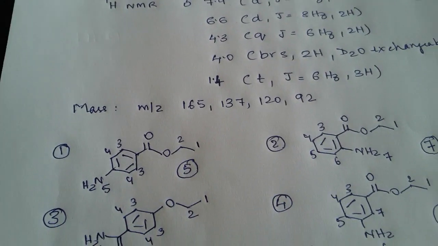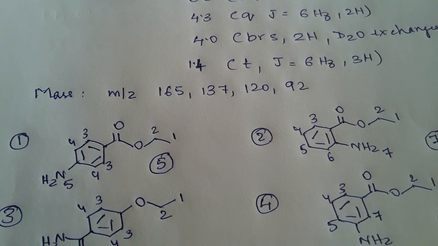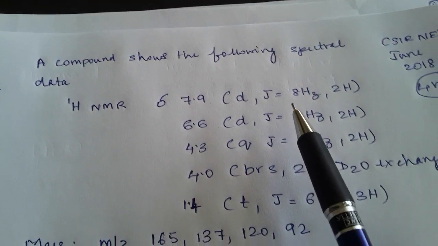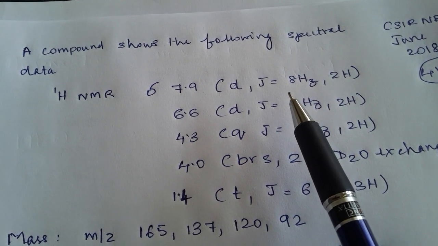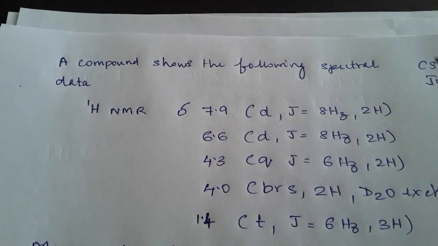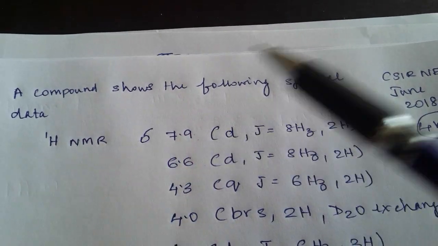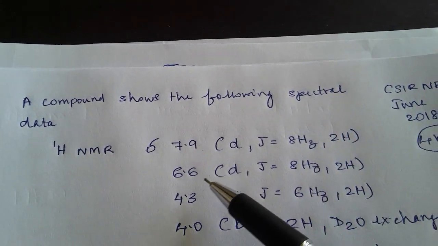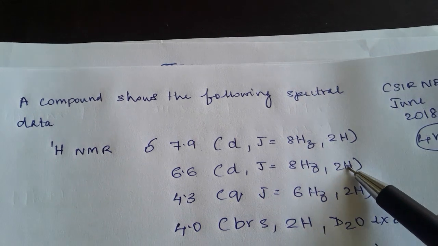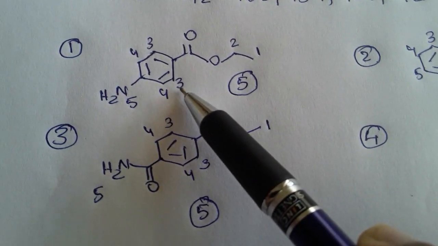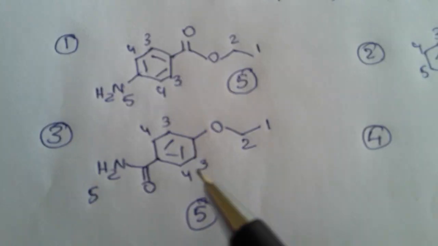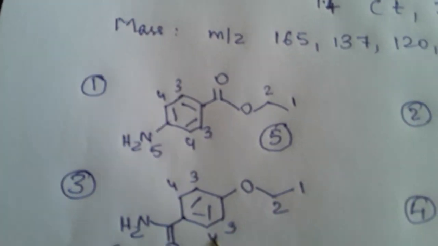Without even looking at the numbers, the NMR data itself gives you some indication that the aromatic ring system is symmetrically substituted, because you have 7.9 corresponding to 2 hydrogens and 6.6 corresponding to 2 hydrogens. Choice 1 is a symmetrically substituted ring, and choice 3 also is.